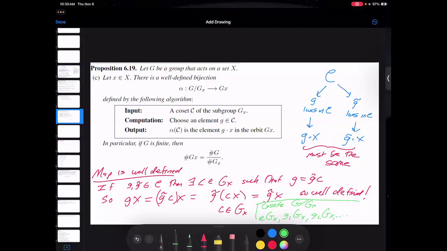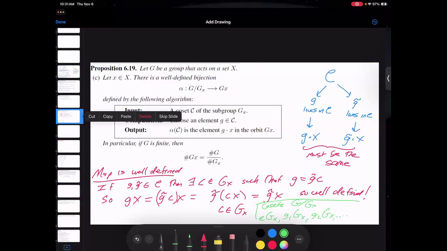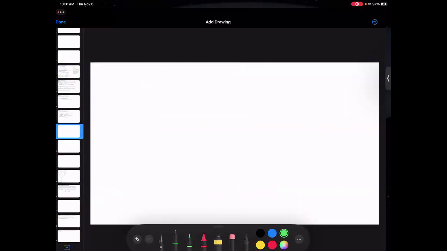So just like when we looked at the integers mod 12, when we did Z mod 12Z, here the group G was the integers, and our subgroup was 12Z.